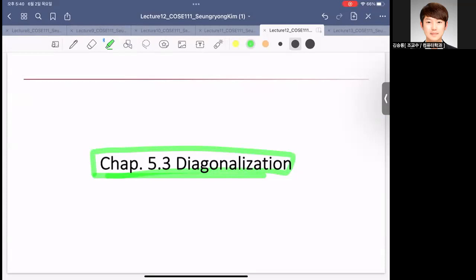Okay. So, if we finish chapter 5.3, we will fully understand eigenvalue and eigenvector, right? So please stay tuned until the end of this lecture. This is chapter 5.3, diagonalization.